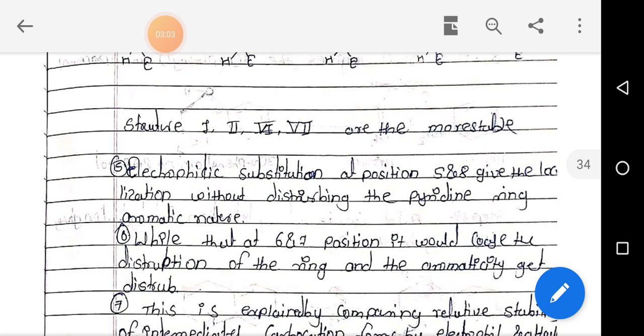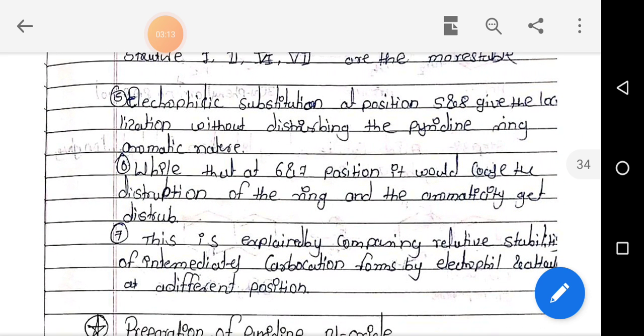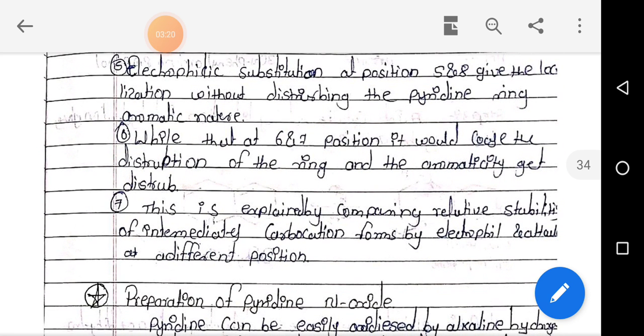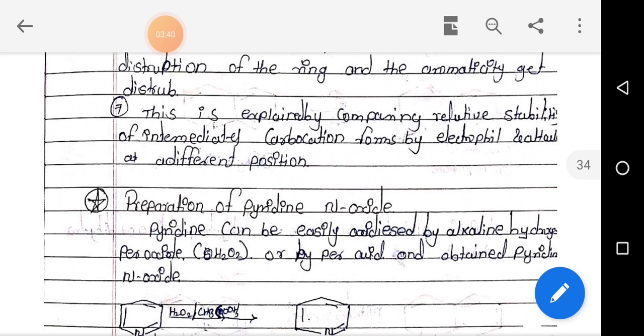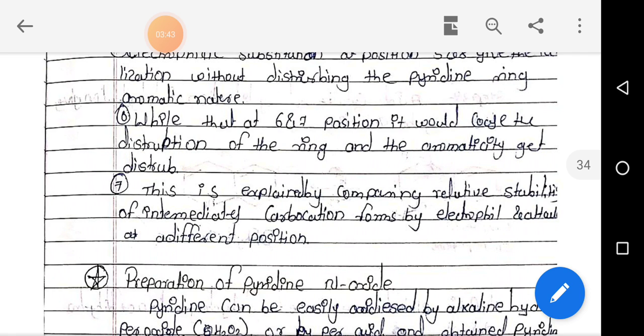If we look at the numbering of the structure, it is similar to quinoline: positions 1, 2, 6 and 7 are the more stable structures. Electrophilic substitution at positions 5 and 8 gives localization without disturbing the pyridine ring's aromatic nature, while at positions 6 and 7 it would cause disruption of the ring and the aromaticity gets disturbed.